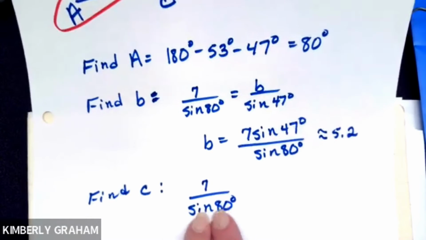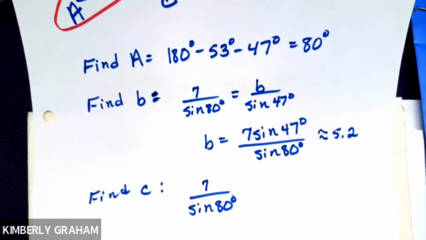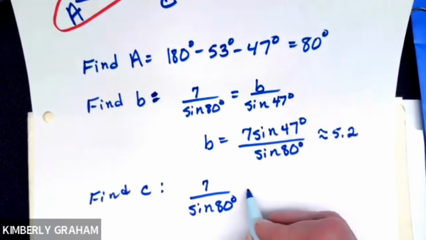If you can go back to one of your original angle side pairs that you're given, use that instead of this rounded number here. Because when you solve for C, you may be off a little bit if you're using this rounded number.